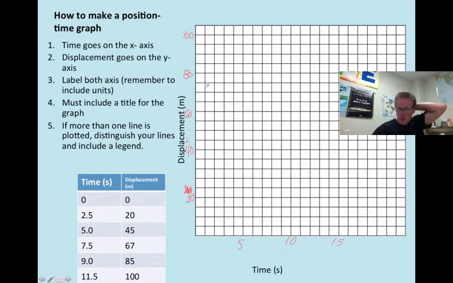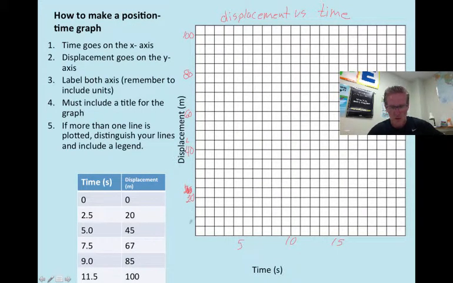Okay, so we have everything labeled, and as far as a label for the graph itself, we could just put displacement versus time. And if you knew some information about the objects, then you could add that too.